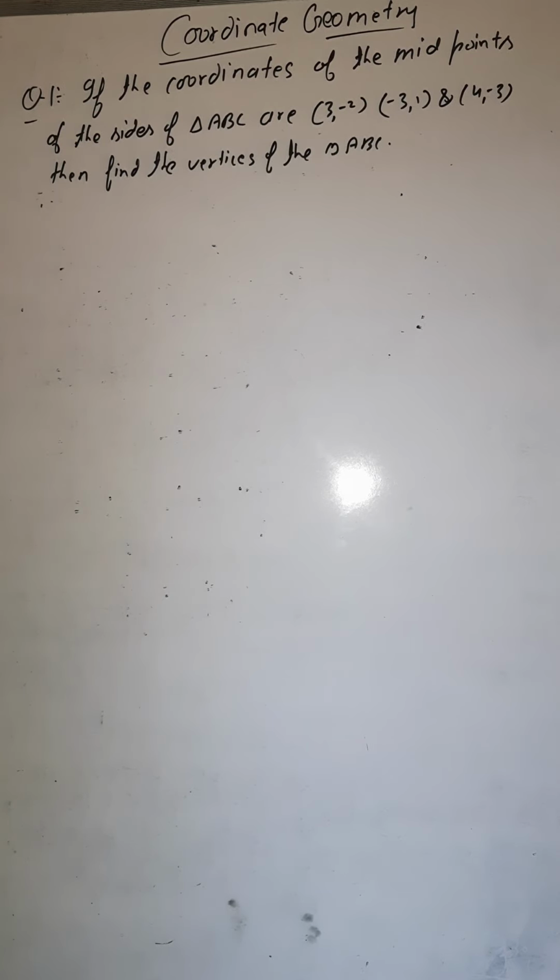The coordinates of the midpoints of all the sides are given. Let's say the midpoint of the side AB is this, and its coordinates have been given as (3, -2).